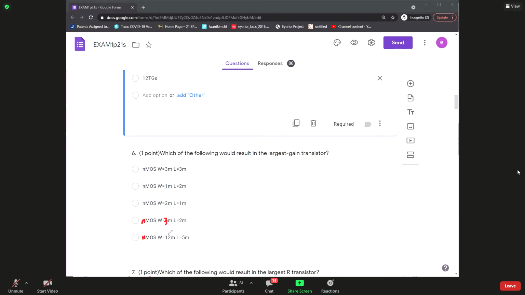This becomes 3 instead of 6, and this becomes 6. Then I come up with a comparison, comparing all the NMOSes with the given geometries. Resistance is L over W, and gain is W over L.